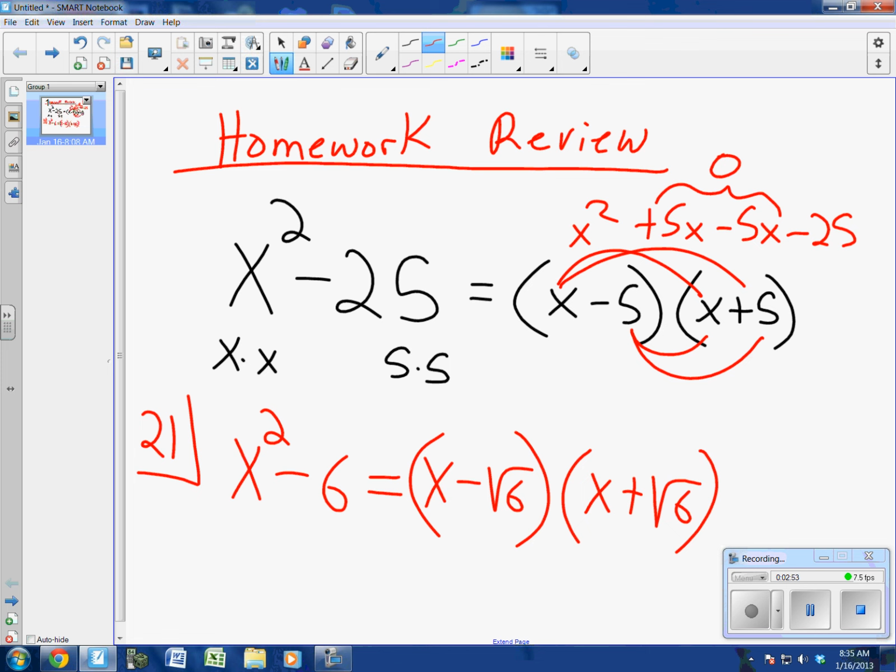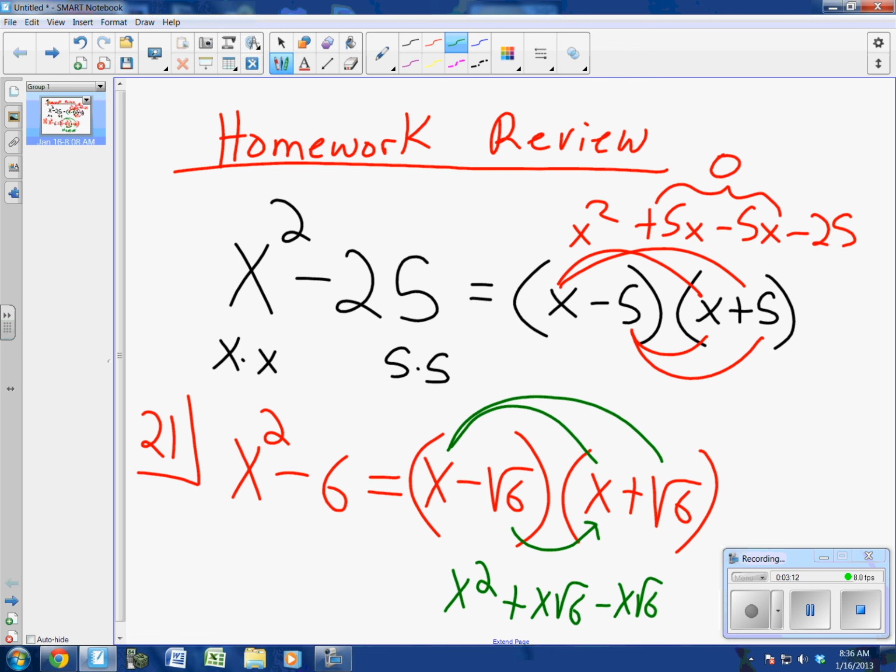Does that make sense? Because, look, when I multiply them together, once again, watch. X times x is x squared. X times square root of 6 is x square root of 6. And negative square root of 6 times x is negative x square root of 6. And negative square root of 6 times negative square root of 6 is negative square root of 36.